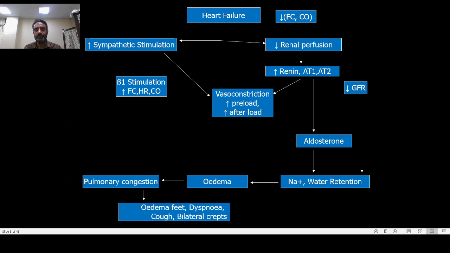Here it is shown in a flow chart. Heart failure means the dropping force of contraction and cardiac output. That leads to decreased perfusion of tissues, including renal perfusion. Also, that leads to reflex sympathetic stimulation, as shown over here.